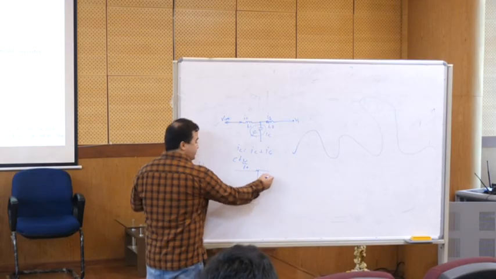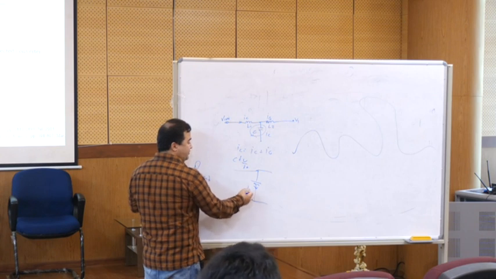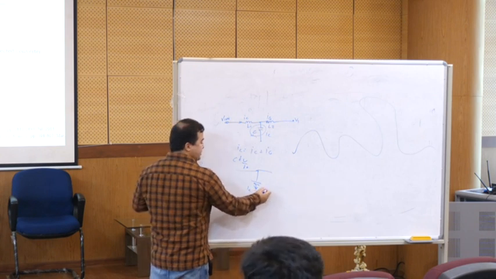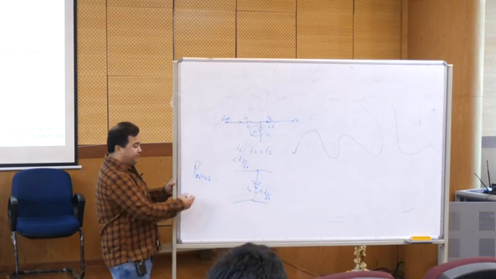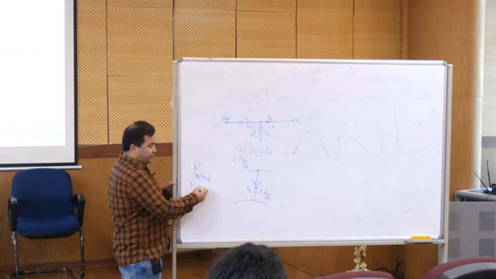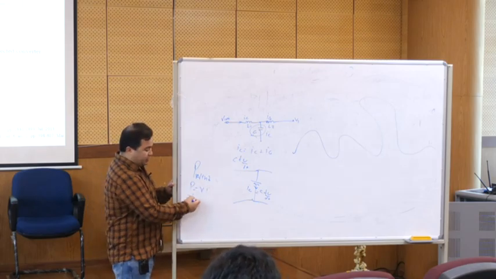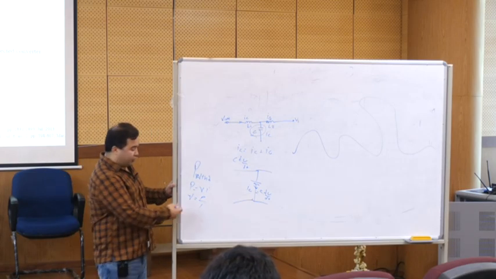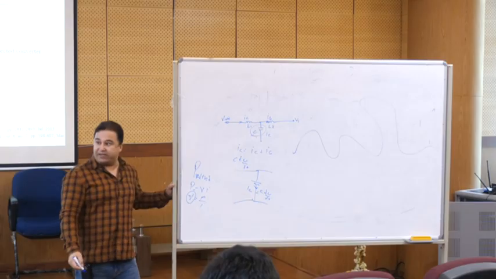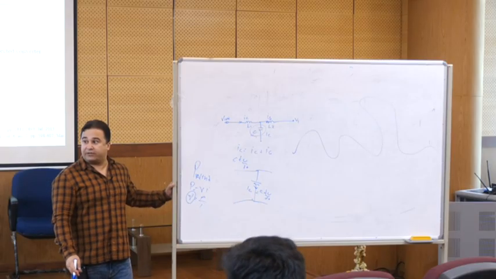Then we have this current I, which is C dV/dt. Then we have P also, P equals VI. So then V is equal to P over I. But the problem is that this V is not regulated.